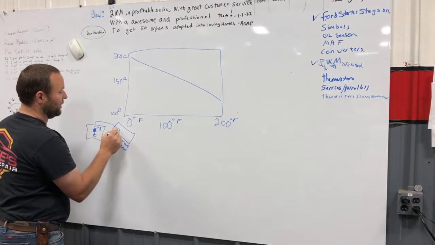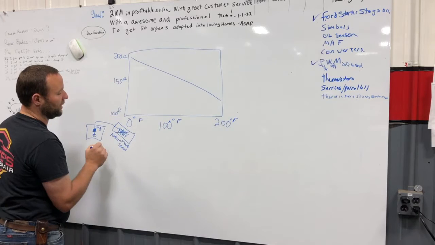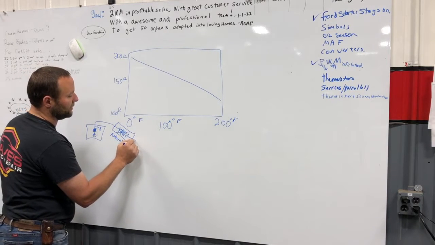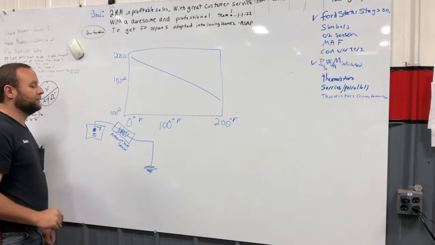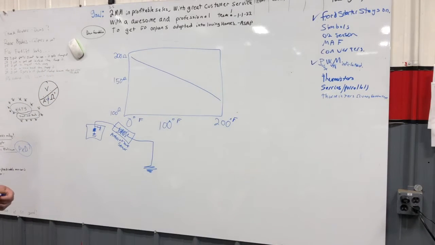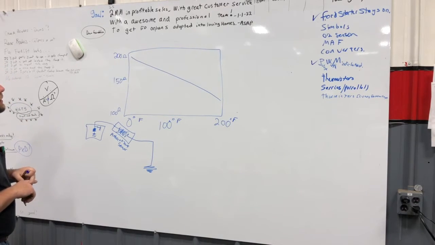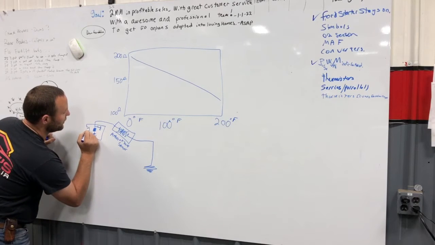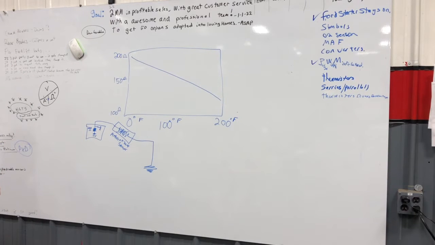I think the thermistor is like this. I think it has a line through it. It comes out the other side and then it goes to ground. So let's say this is 200 ohms. In the computer, it has a resistor of 200 ohms, and that's resistance.